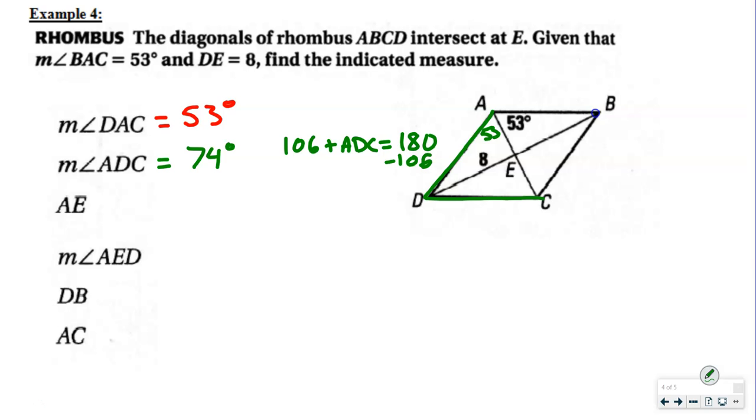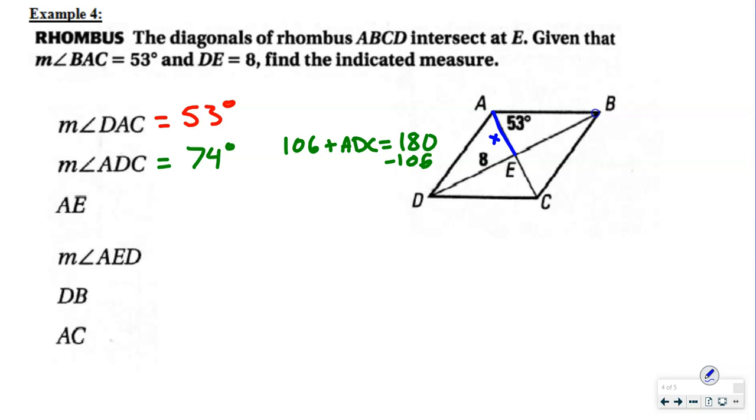Next is AE. So I'll erase this green work. AE is that segment there. How could we figure out AE? I'm just going to call it X for now.